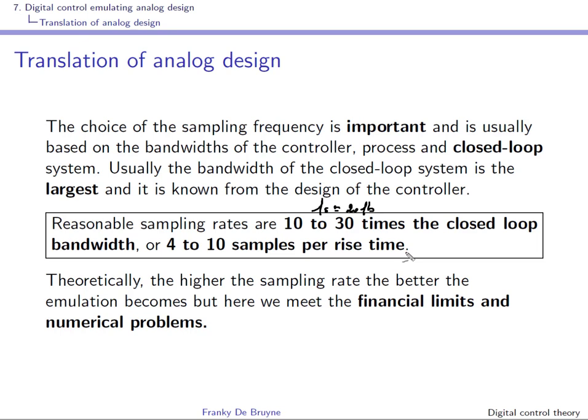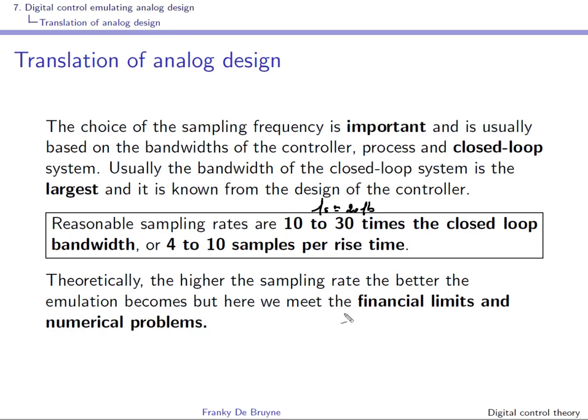In theory, the higher the sampling rate, the better the emulation, right? If TS is small, then well, your digital controller will emulate the analog design in a better way. But of course, if you decrease TS, well, you also have to kind of increase the resolution of your data acquisition card, because if you decrease TS, you will see smaller variations, and in order to see these smaller variations, you need a better resolution.